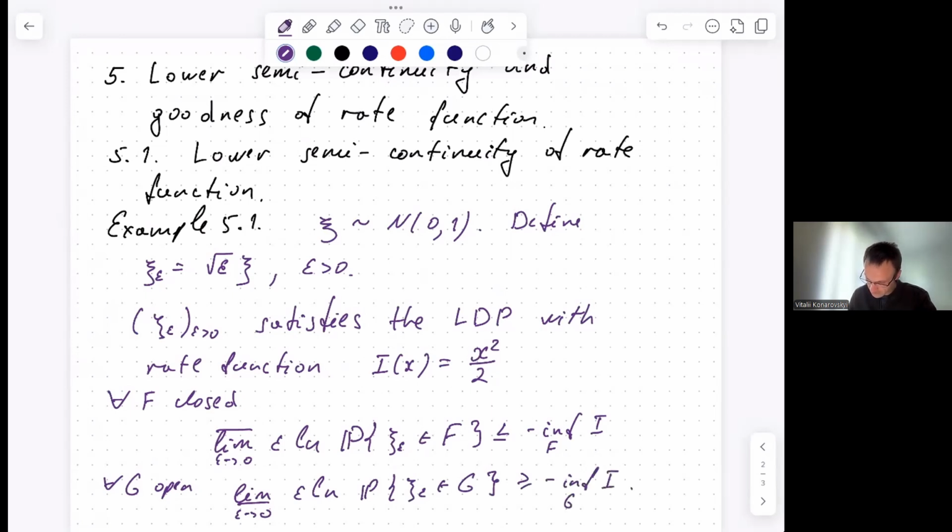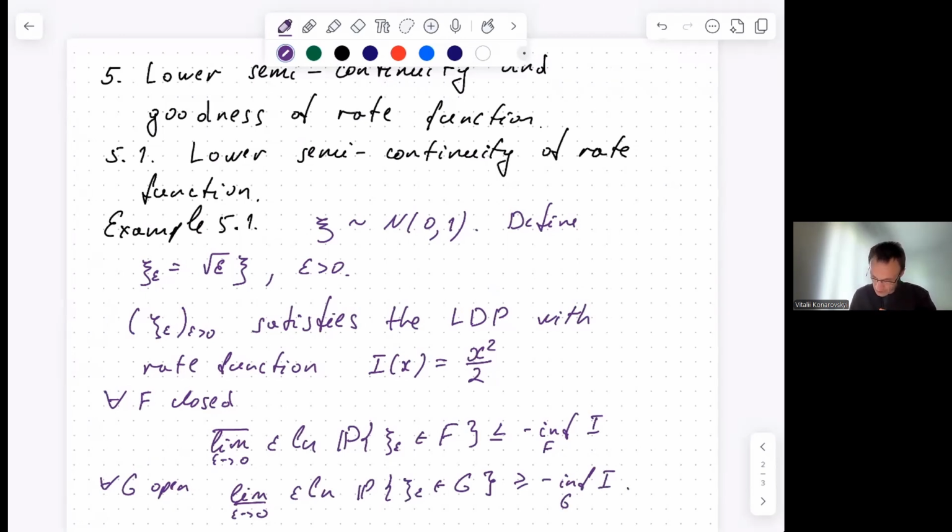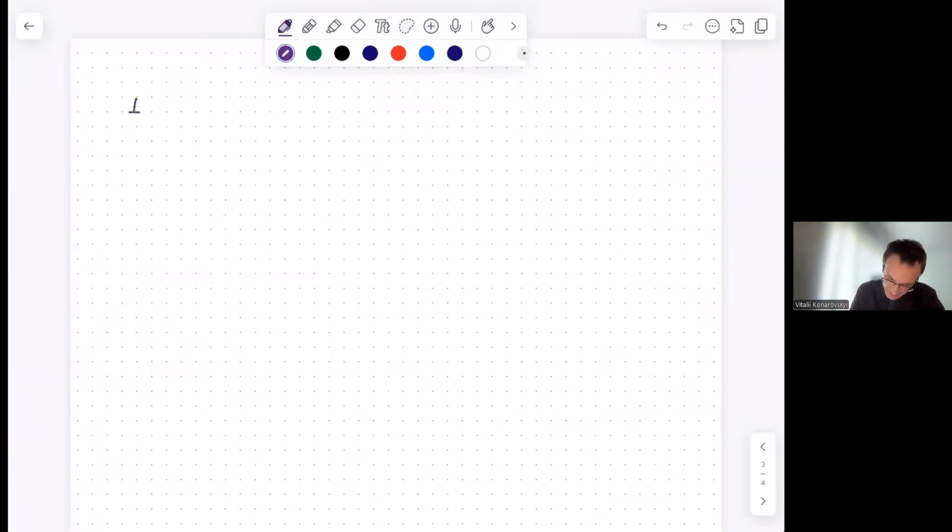And now I want to spoil this function a little bit. I want to take the function I tilde of x defined as follows: it is x squared divided by 2 when x is not 0, and plus infinity when x is equal to 0.